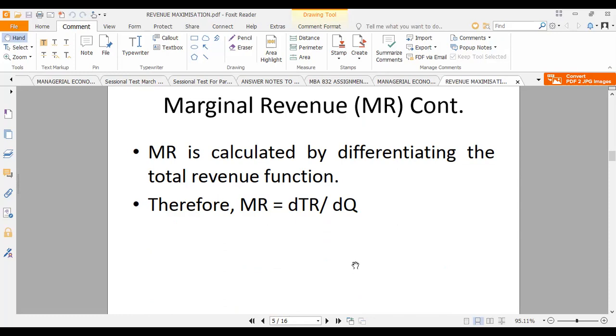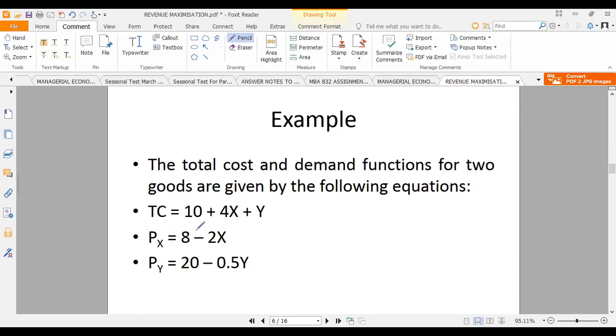So we looked at an example where we have our price P equal to 8 minus 2x for good x. For good y, 20 minus 0.5y.